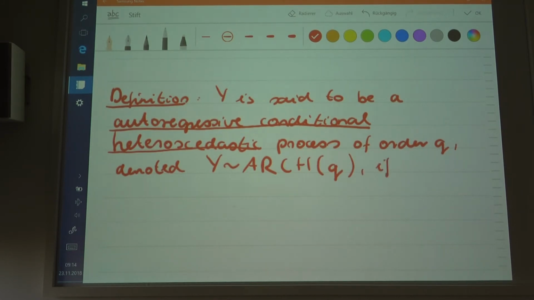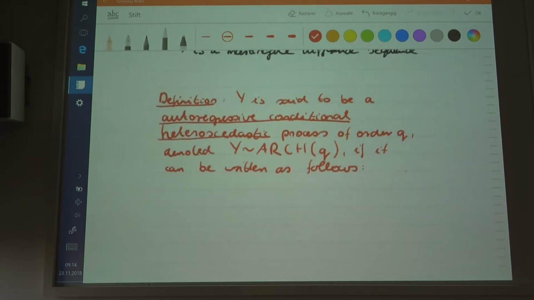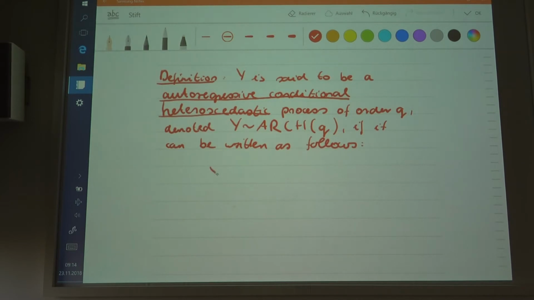If it can be written as follows, so if the representation of the process allows us to write it as follows. First off, the process itself looks like the previous one.